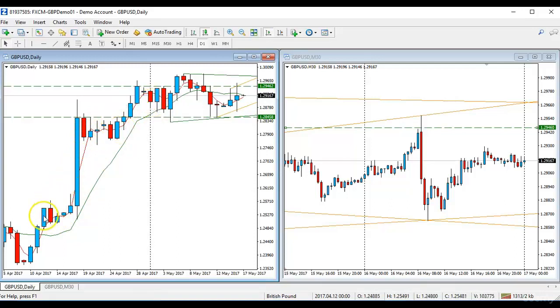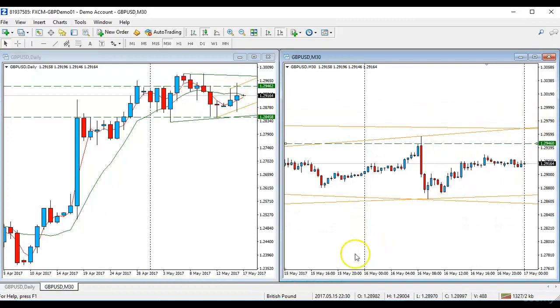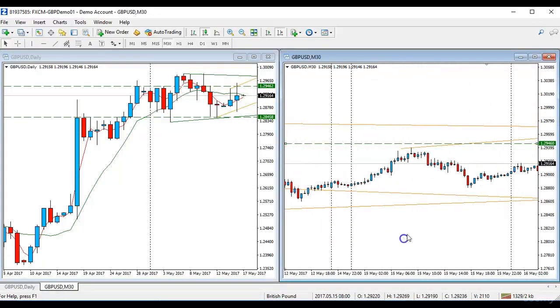When this fast moving average is moving very fast and the candles are exceeding the moving average, that's where I want to look for trades. But here the price is moving sideways, so the only trades I would want to take are small sideways moves. I'm not going to take big moves in the market.